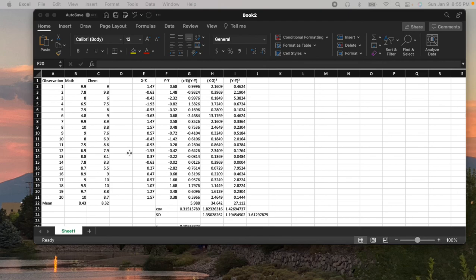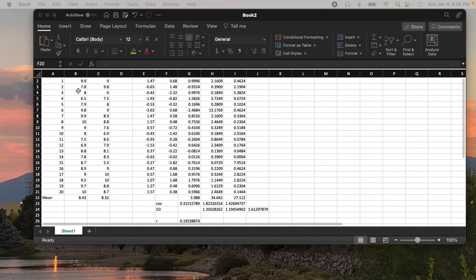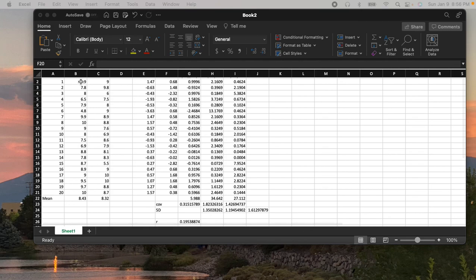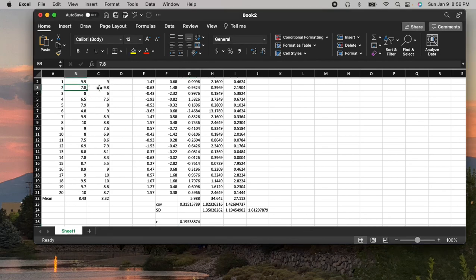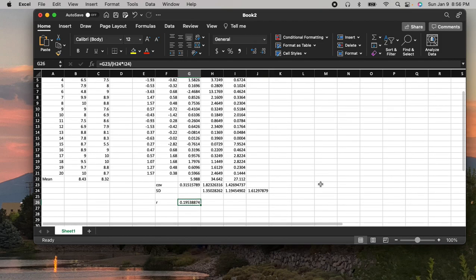That means you could have a good grade on math but not a good grade on chemistry, and vice versa. So there is not a whole relationship between those two. As you can see, this one is 9.9, somewhat close, but here is 7.8 on math, 9.8, and here is 8 and 6. So we can say that the correlation is not too strong.